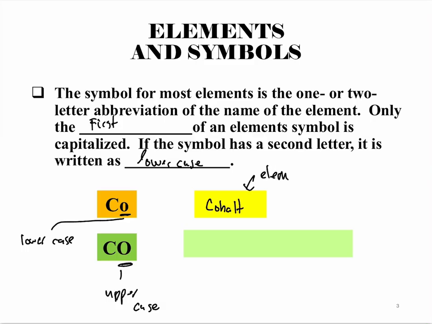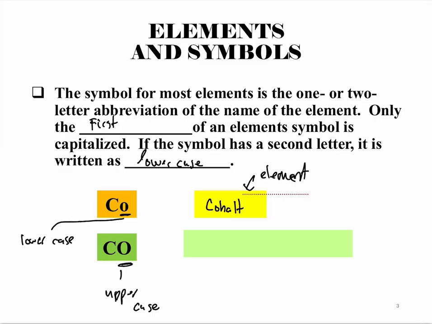This is an element, meaning that it has an identity associated with a certain number of protons and electrons. The second symbol there, where both letters are capitalized, and we'll get into this probably next week, does anyone know what that might symbolize when we have two capital letters next to each other?